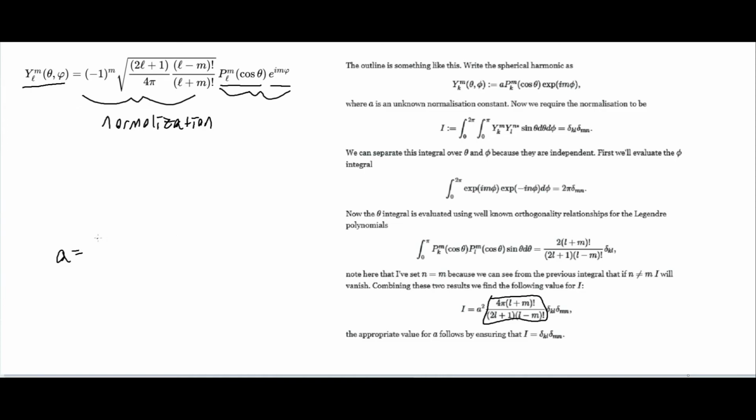So a will be equal to the square root of (2l plus 1) times (l minus m) factorial over, and now this numerator goes to the denominator because we divided both sides, so 4 pi times (l plus m) factorial. So that's where all this sort of mess comes from right here.